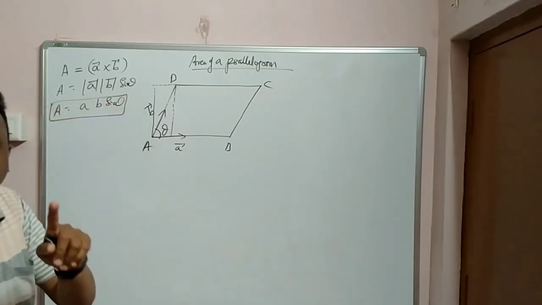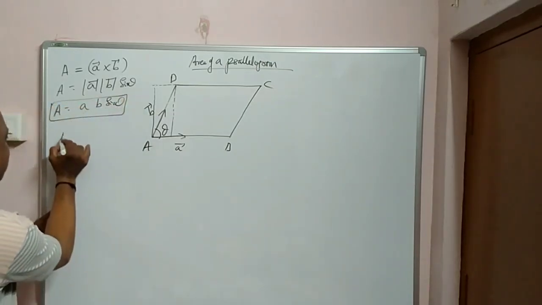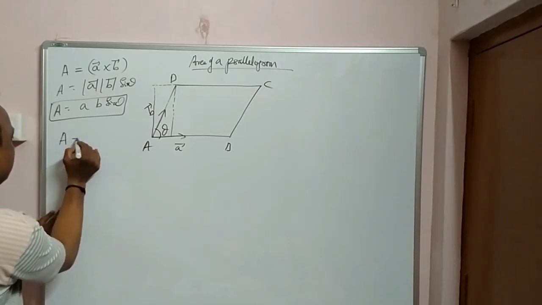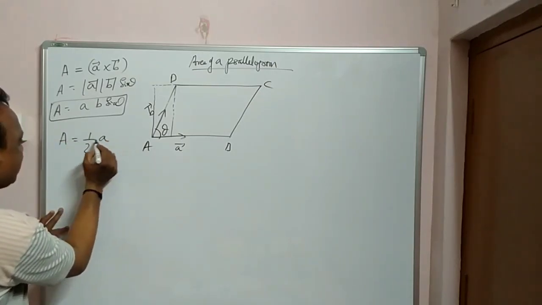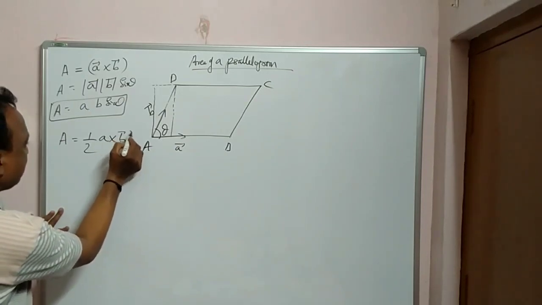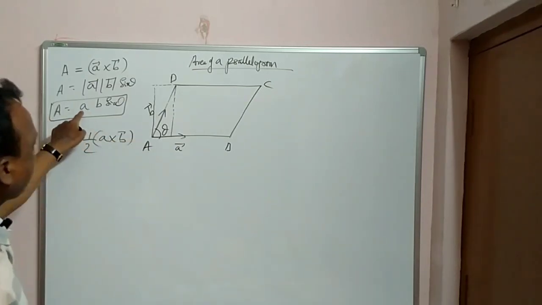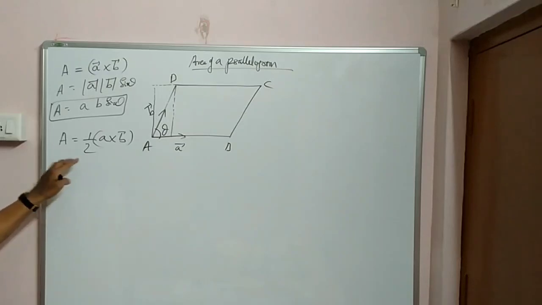Directly you can understand one point. What was the area of a triangle? Half base into height, half AB sin theta.